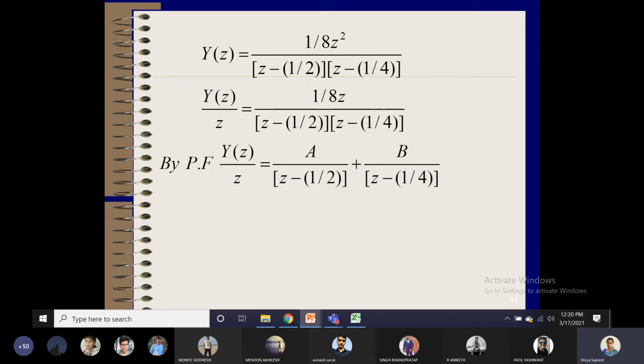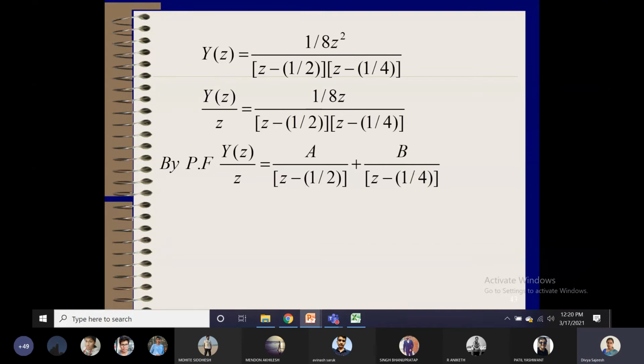Is it correct? Aniket, Akhilesh? It does seem correct. Yes, ma'am. The poles are half and 1/4.